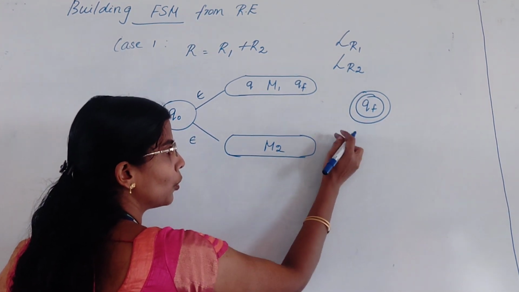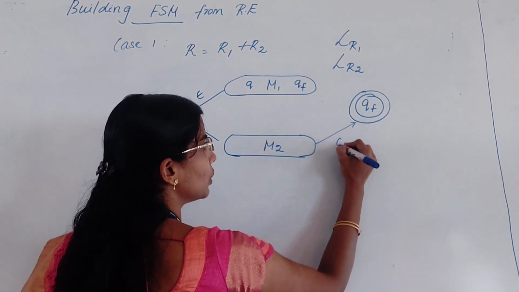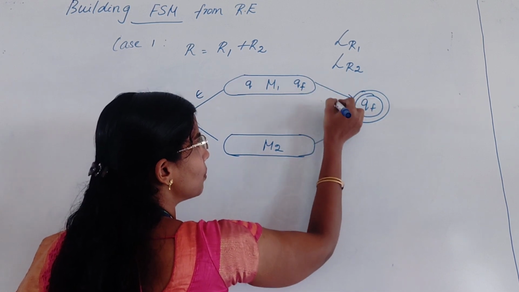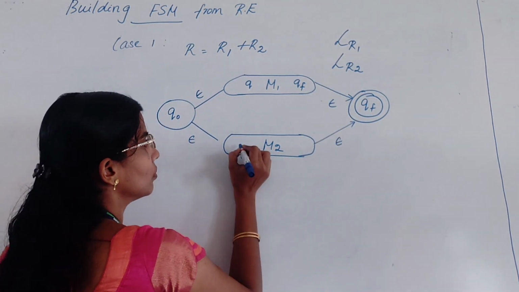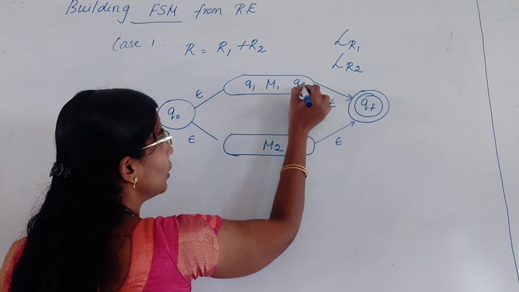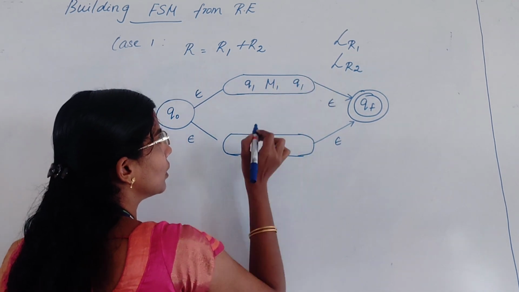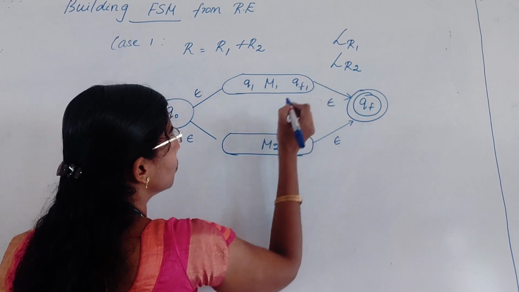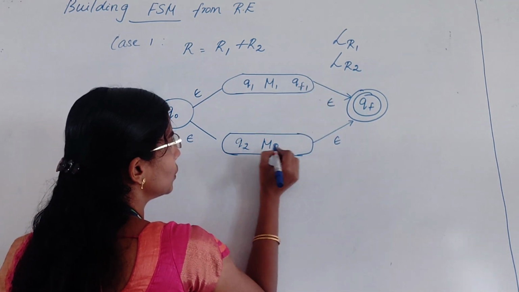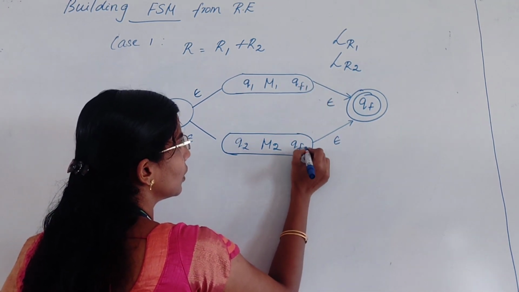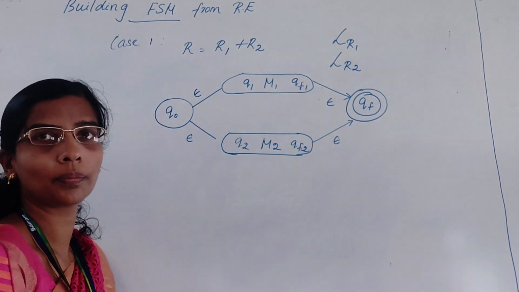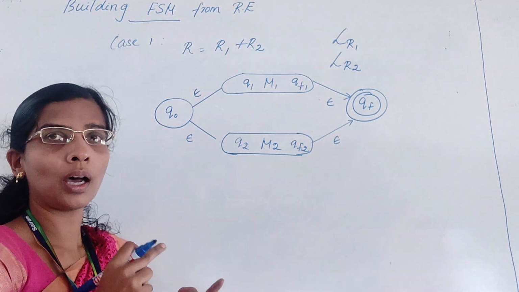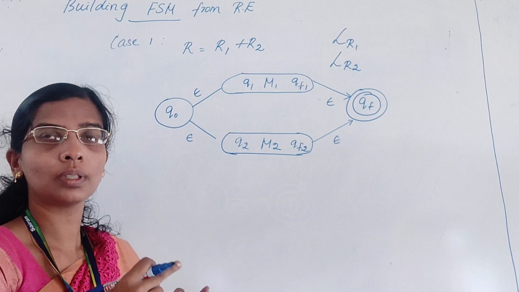And I said before your final state also you have to include an epsilon. So Q1 and F1, Q2 and F2. R1 plus R2.